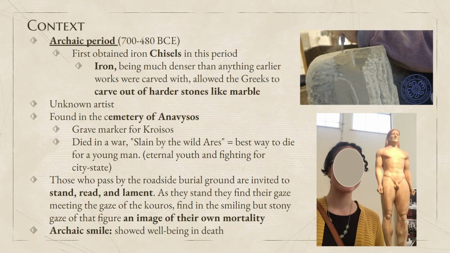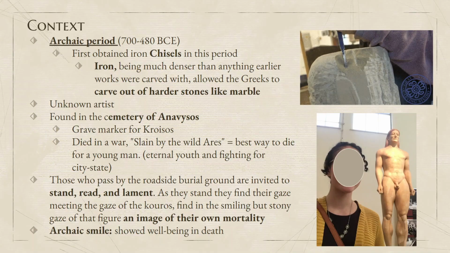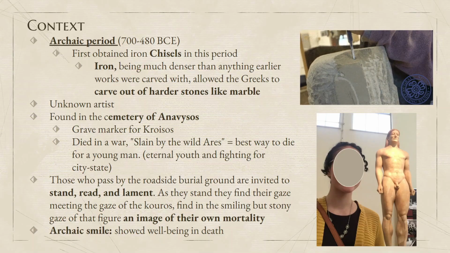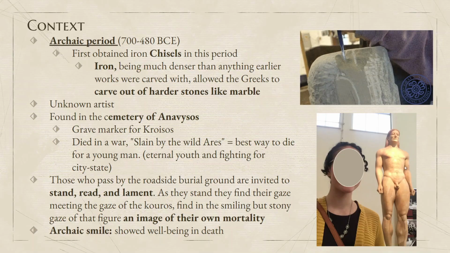Marble's a very hard stone, especially when trying to sculpt with it. So that gif there, you can see they're chiseling away that block of marble. So that's how Anavisos Koros starts, is this block of marble and then gets to this smooth, refined form. So they chisel, they file, they smooth it out, and this long period of time, all from one block.